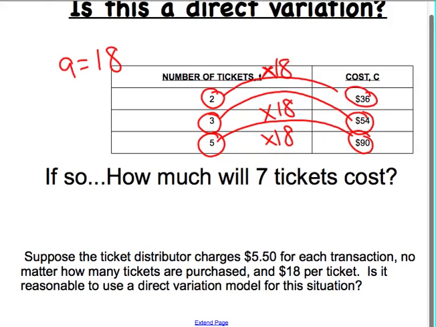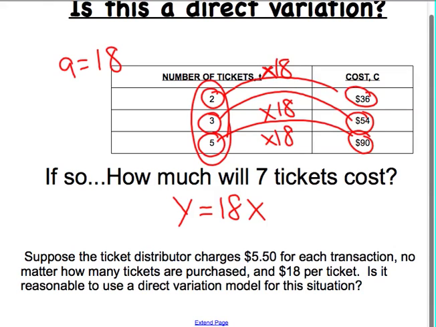So if a equals 18, what equation could we use that represents this data? If y equals ax, which you said in the beginning, then if I replace the a with the 18, y equals 18x. Very good. So that is our direct variation equation. With this equation, we can now make predictions about the number of tickets that are not actually up here.